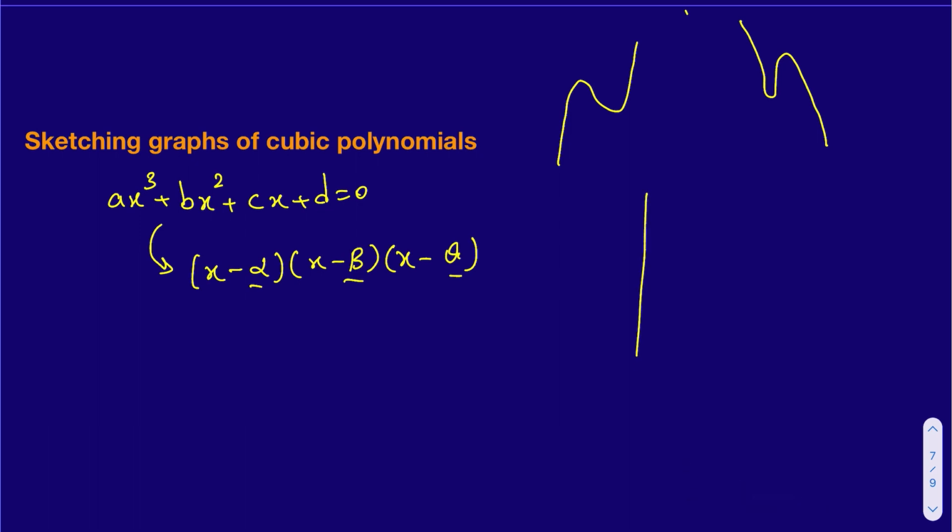That means if on the x and y axes we plot this graph, it will be something like this, and it continues, it goes to infinity. This is number one.